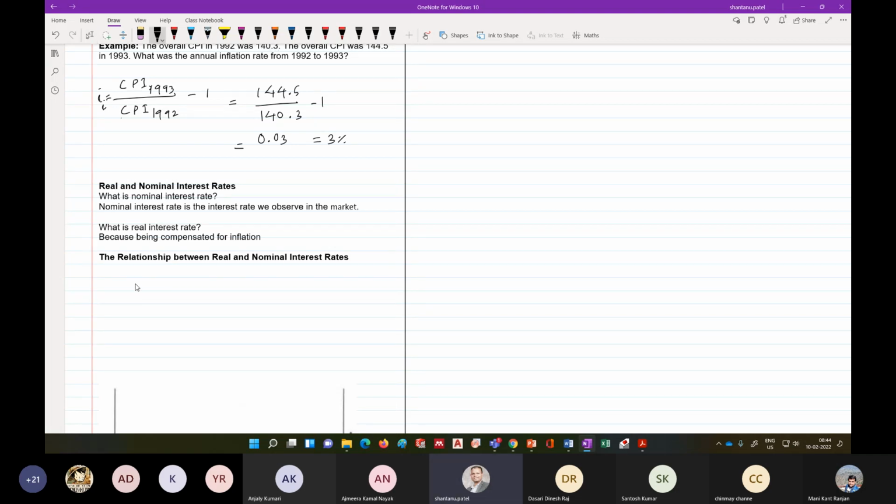So I just wanted to give you an example here. Let's say after graduating from here, you got a job and you want to buy a car which is 20 lakh rupees. Then your friend said, can you please give me this 20 lakh rupees?